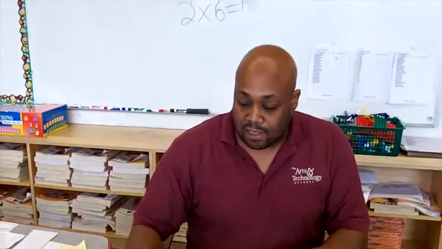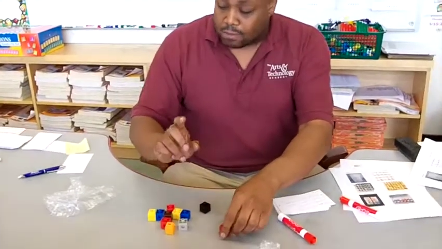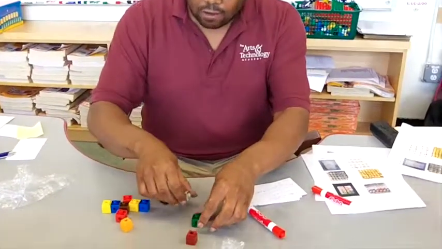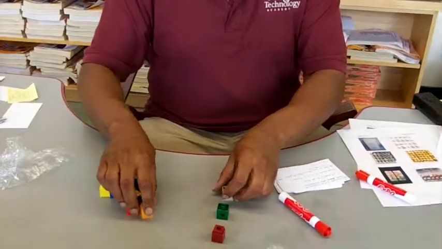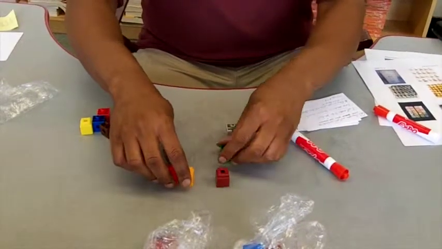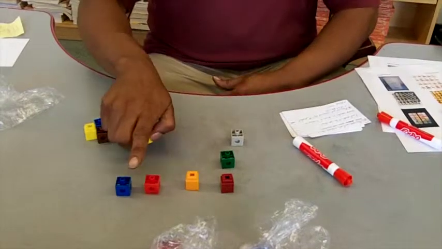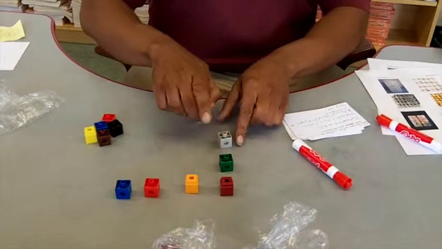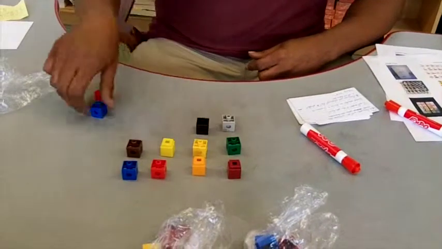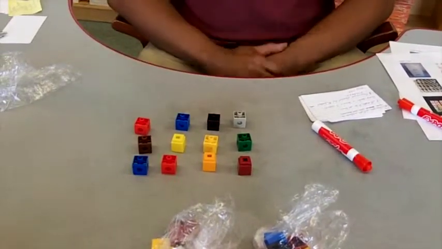Now I'm going to arrange these connecting cubes and make another array, but I'm going to have the same product of 12. However, I'm going to have 3 rows and 4 columns. 1, 2, 3, 4. 1, 2, 3. So with this, we know that 3 times 4 equals what? 12.